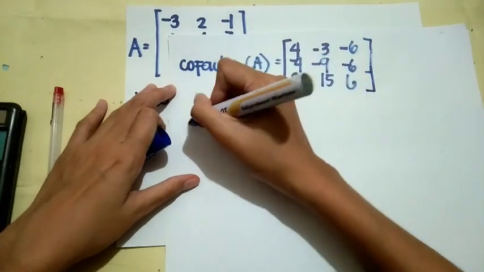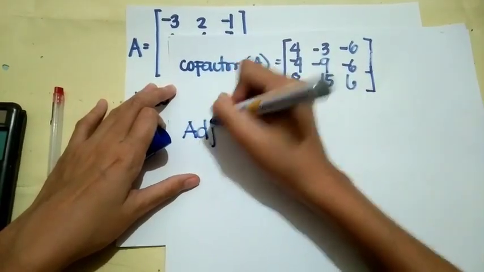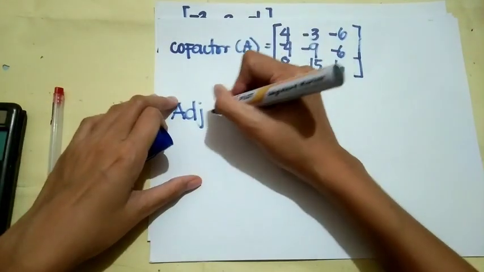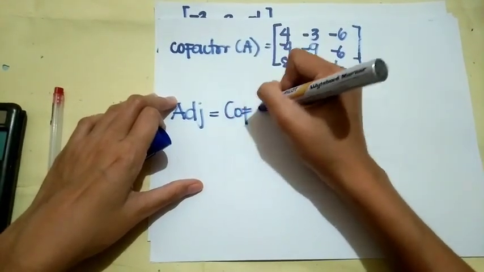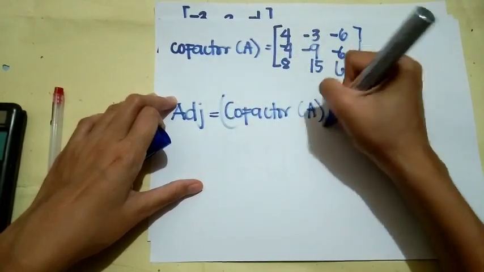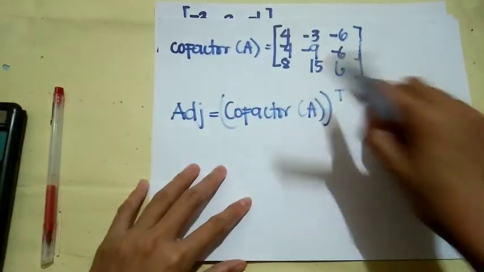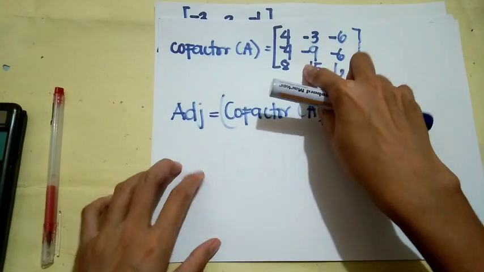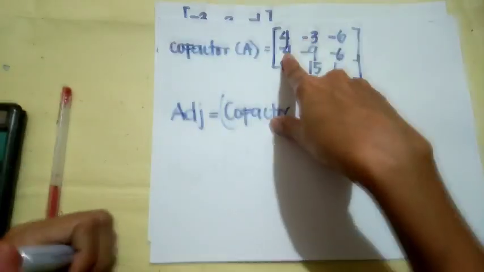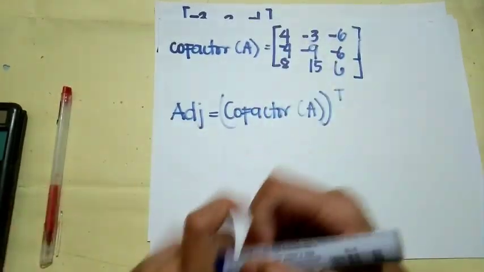In order to get the adjugate, we have to transpose the cofactor. So cofactor A, then transpose. How to transpose this one? This is so easy. The columns will become rows and the rows will become columns.